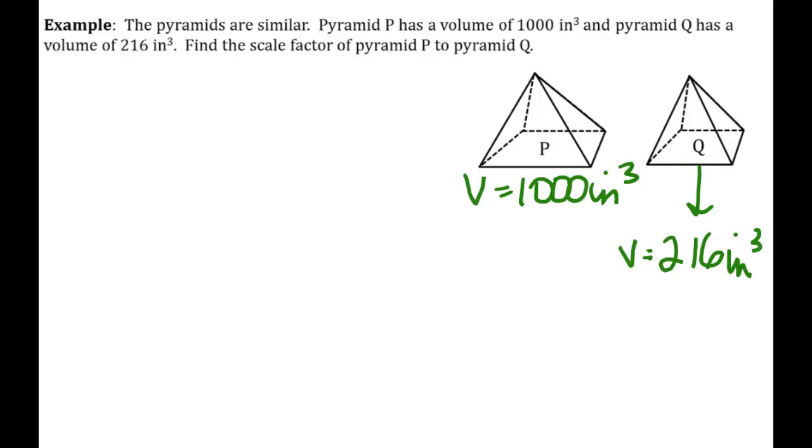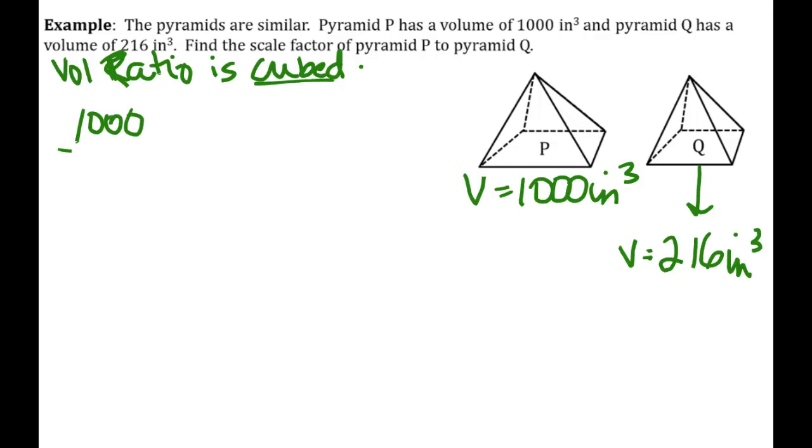To do that, remember that the volume ratio is cubed. So let's write the volume ratio of P to Q: 1,000 over 216. That is already cubed.